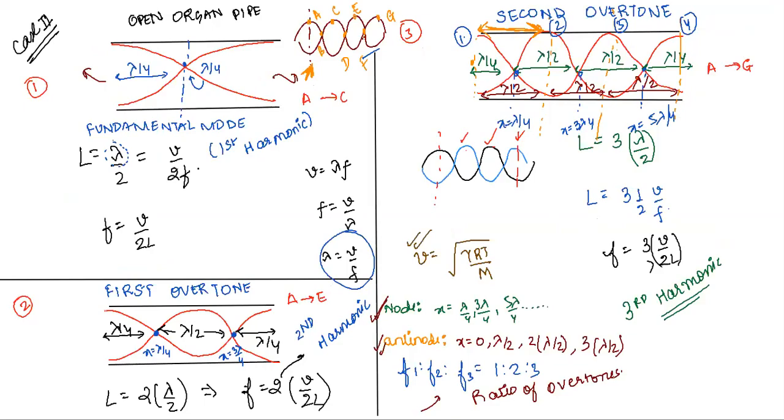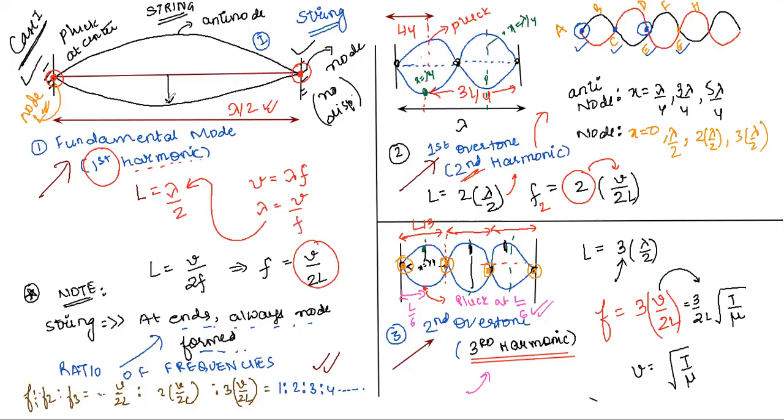Okay. What about this case, Atul? Using this figure as the reference, we are going from which point to which point in each of them? In the first, we are going from A to C, one node to another node. Okay, now what about the second figure?